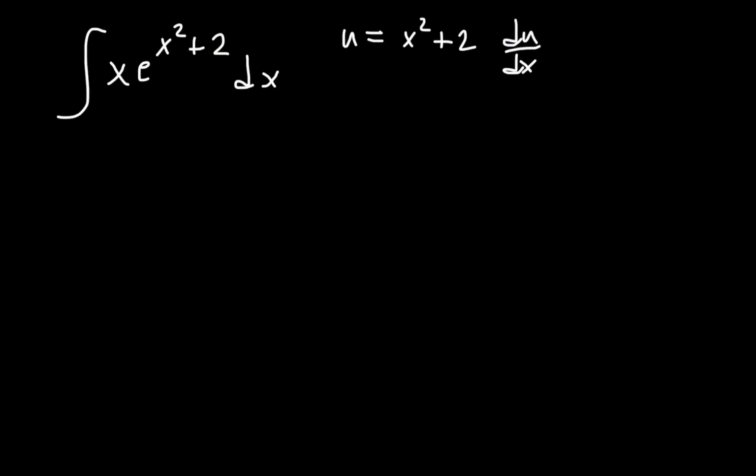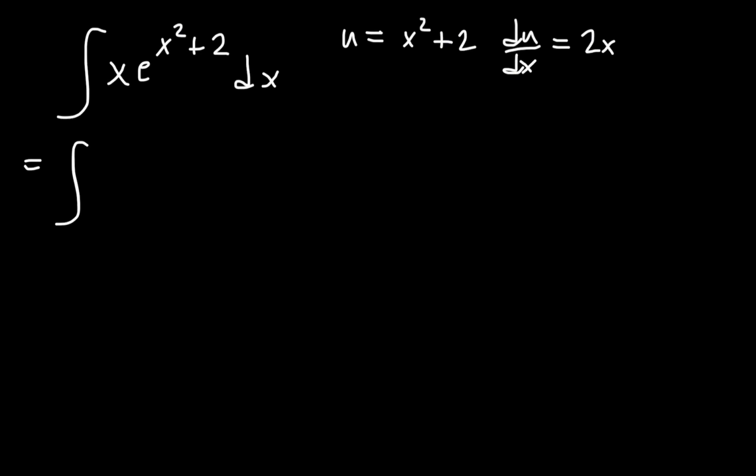Now find the indefinite integral of x times e raised to the power of x squared plus 2 dx. So again, we're going to say u equals whatever is inside, so it's going to be x squared plus 2, and du over dx is equal to the derivative of x squared, which is 2x, and the derivative of 2 is just 0.